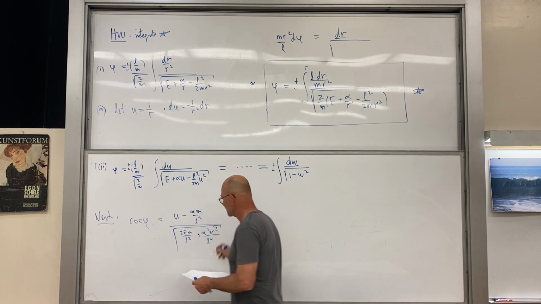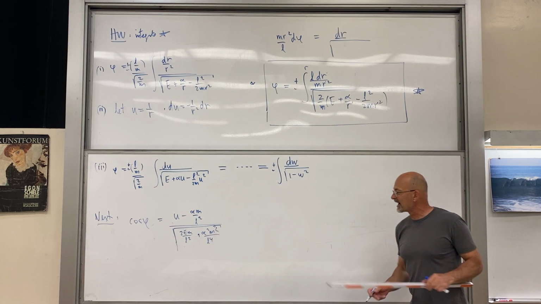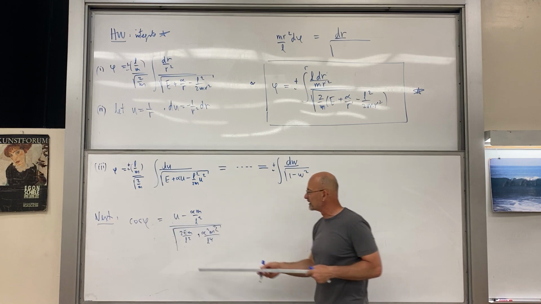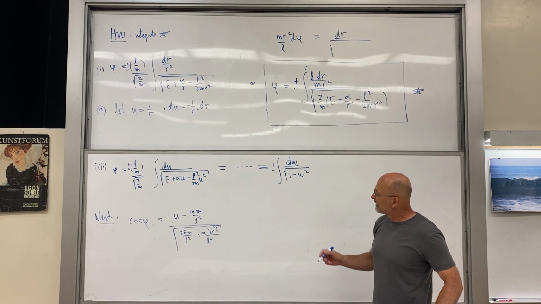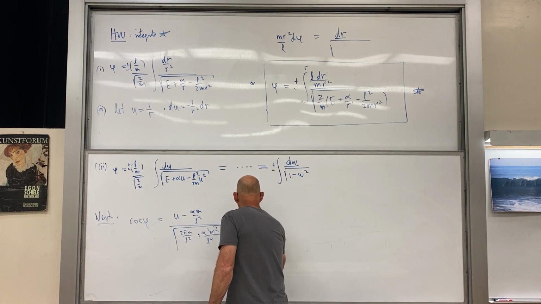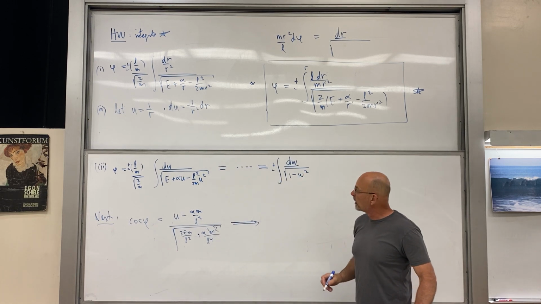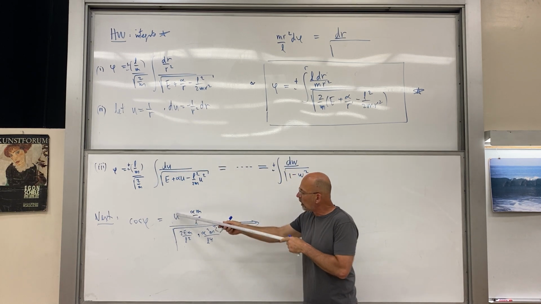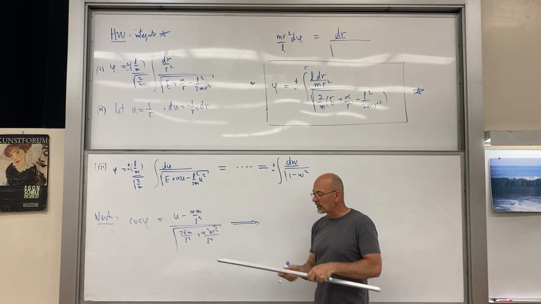This is what your substitutions will bring you back to. Then I take the cosine of both sides, and this we want to solve for. Your substitution, you're going to put u equal to 1 over r in here and do a couple more algebraic steps.